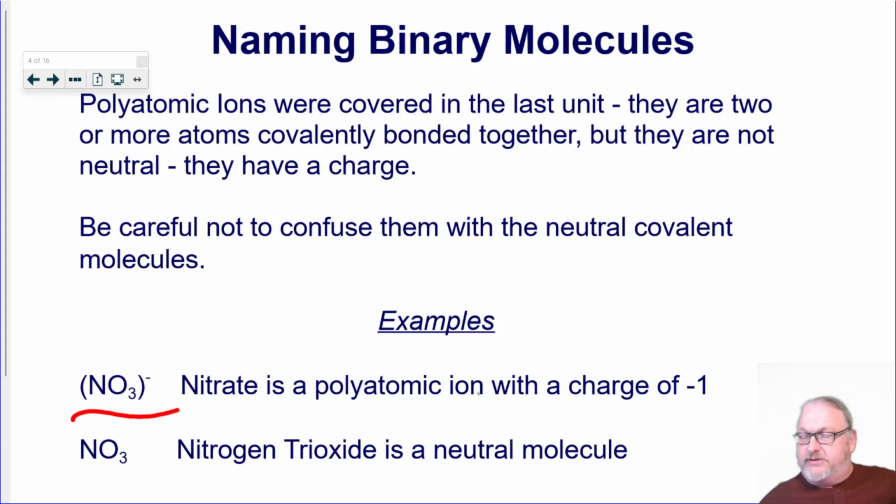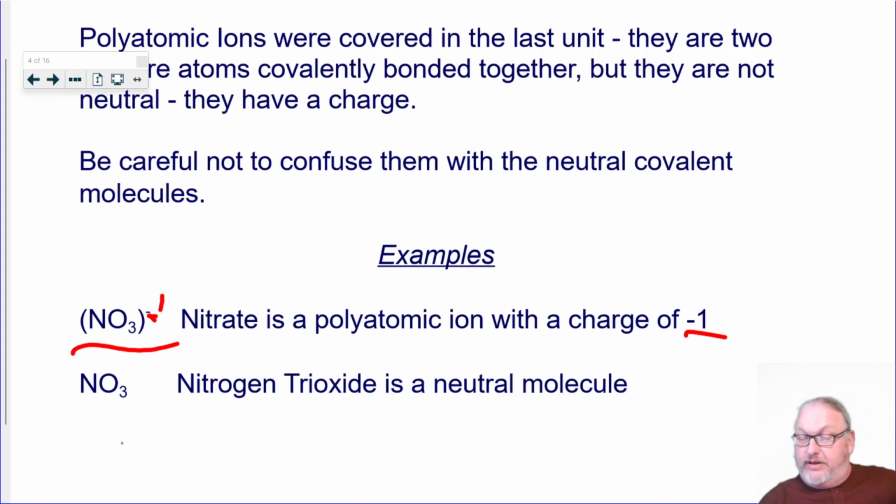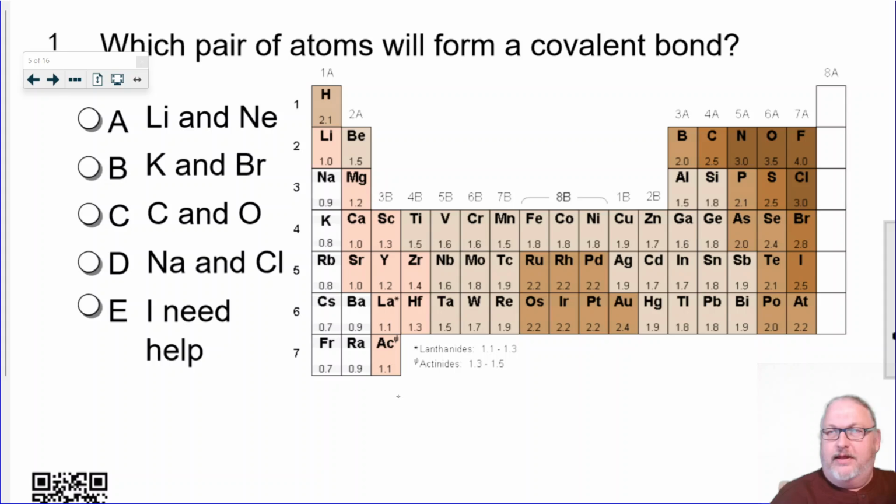Nitrate is a polyatomic ion. It's got a charge of -1. NO3 is different. NO3 is nitrogen trioxide by itself. See the 3 there? It's a neutral molecule. Notice it's not in parentheses or brackets. It's different.